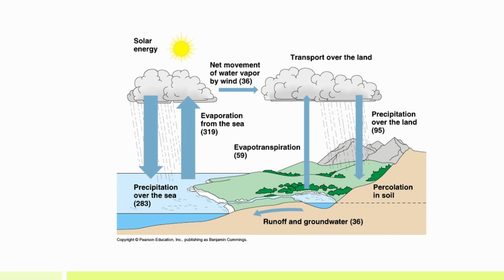So here are just some examples of ways that water is cycled. So we can get evaporation from the sea. Eventually that will condense and fall back down as precipitation. That precipitation can occur over the ocean or bodies of water or land. Evaporation can also happen, including transpiration as sources of evaporation over land.